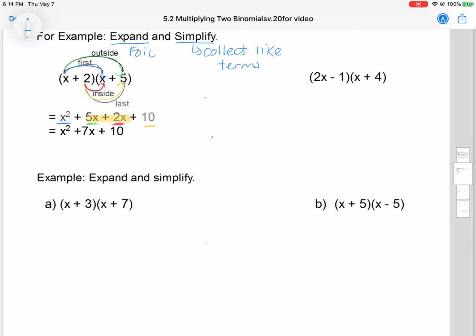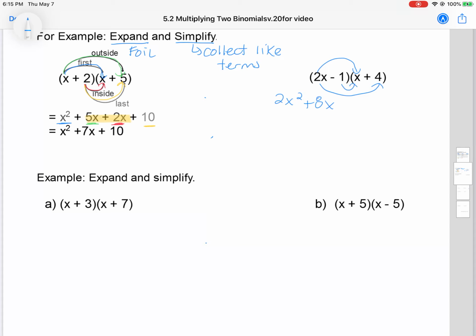So in the next example, it's got a number out front. That's fine too. You do the same thing. So first, 2x times x is 2x squared. Outside, 2x times 4 is 8x. Inside, now that's a -1.